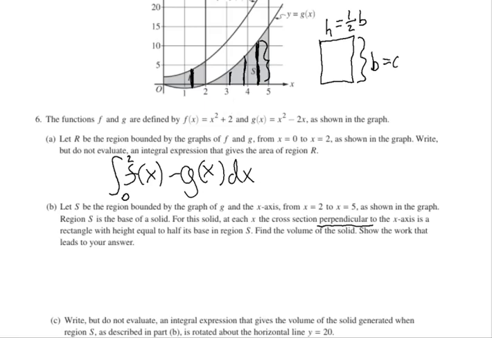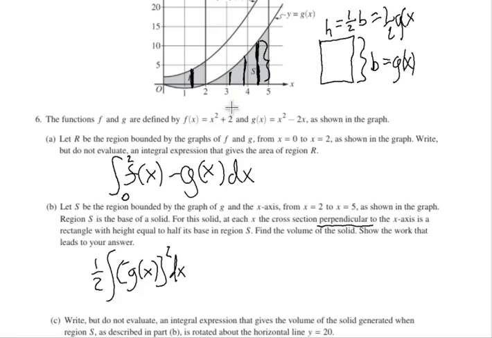So this is equal to g of x, and the area function is g of x squared dx. To get the volume, we would integrate that over the interval 2 to 5.